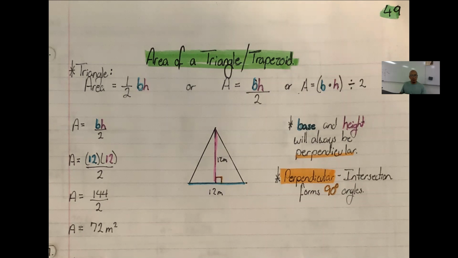You're simply going to take the base and multiply it times the height, and then divide it by 2. You're going to see it written a few different ways, like base times height divided by 2, or 1/2 times base times height, which is base times height times a half, which is divided by 2. But that's it. Base times height divided by 2.